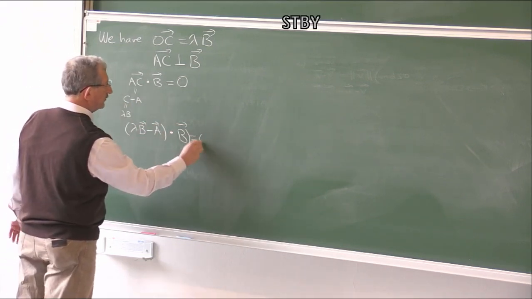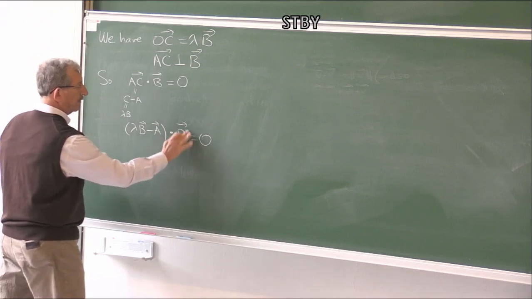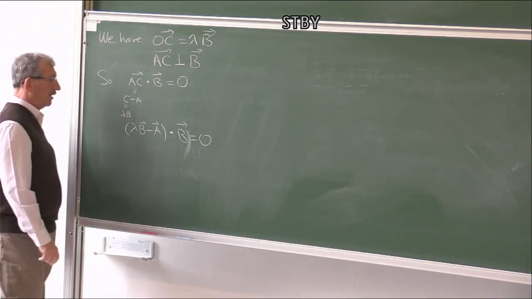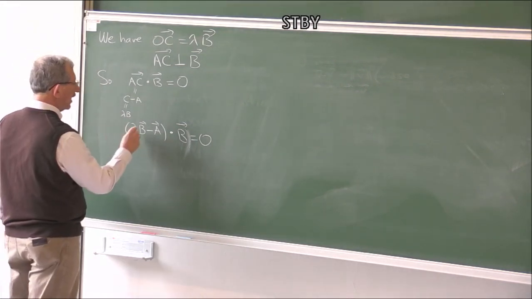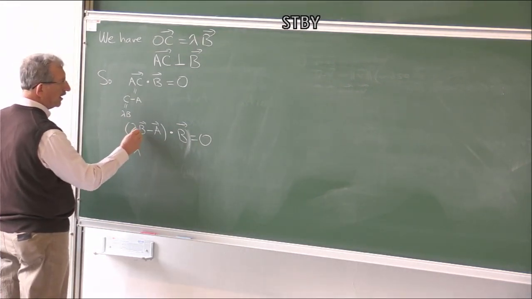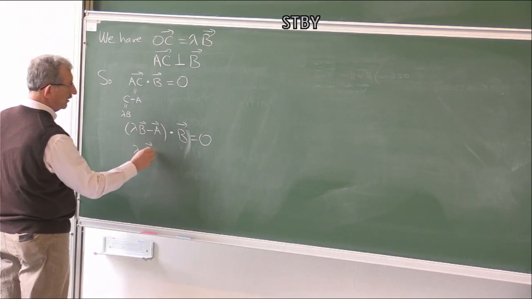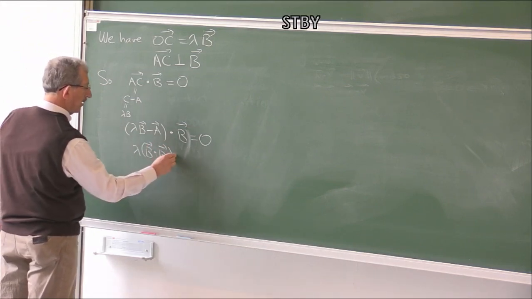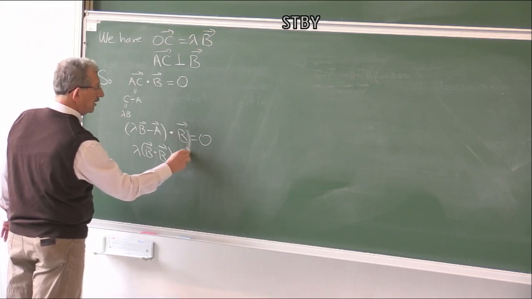This is 0. But that means I have lambda times B dot B minus A dot B.